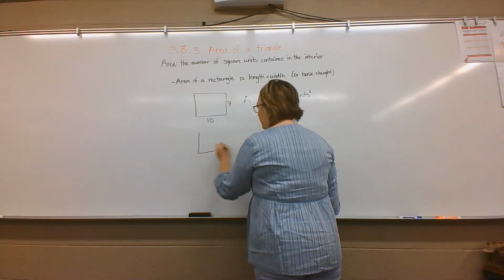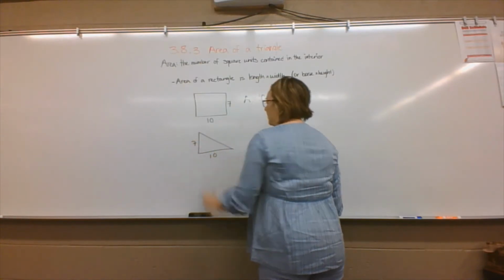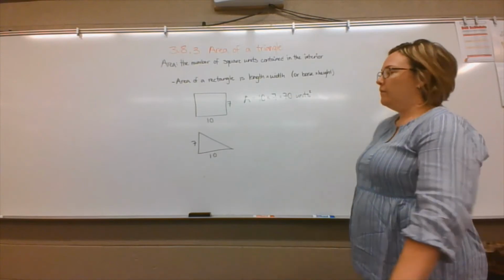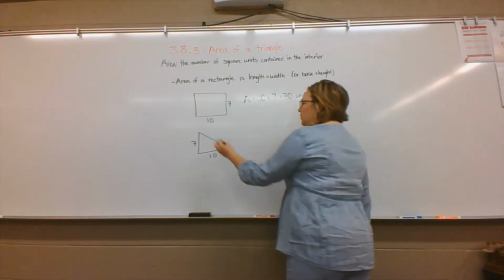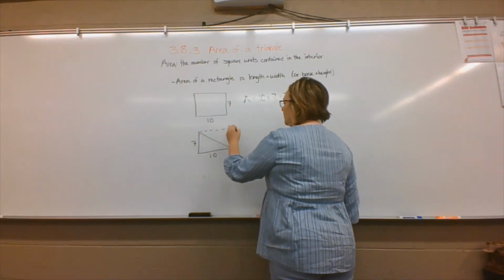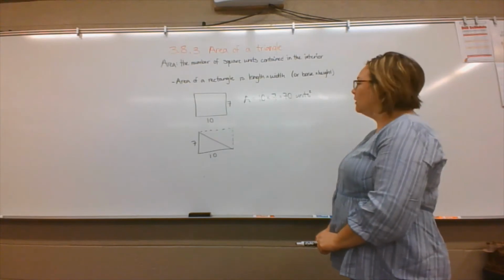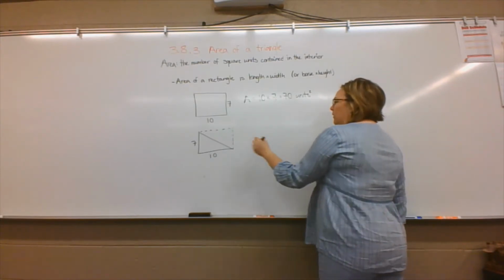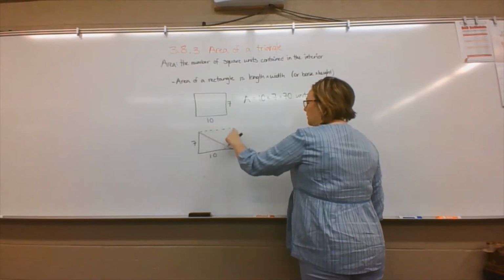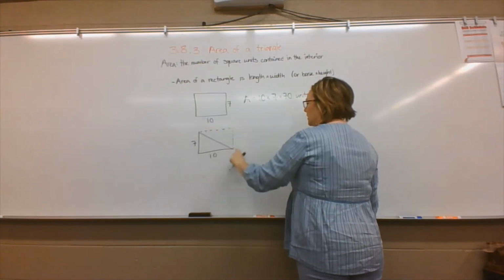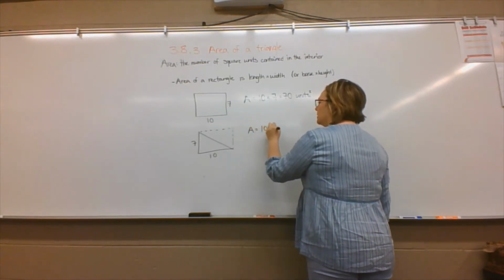So here we have this lovely triangle, and it measures 10 by 7. What is the area of the triangle? Well, it looks very similar to the rectangle we just found the area for. So based off of this similarity in our diagrams, if we extend that triangle out through the base and the height, then its area will be 10 times 7.